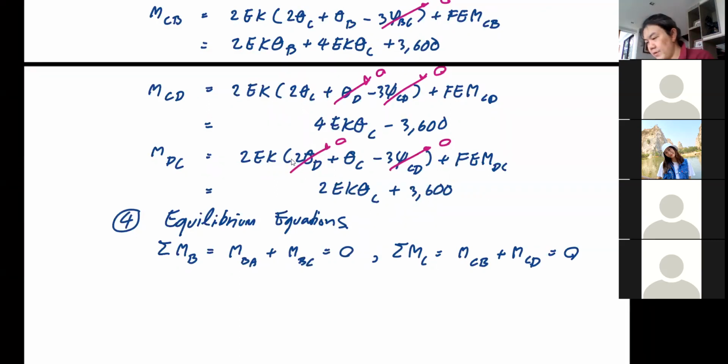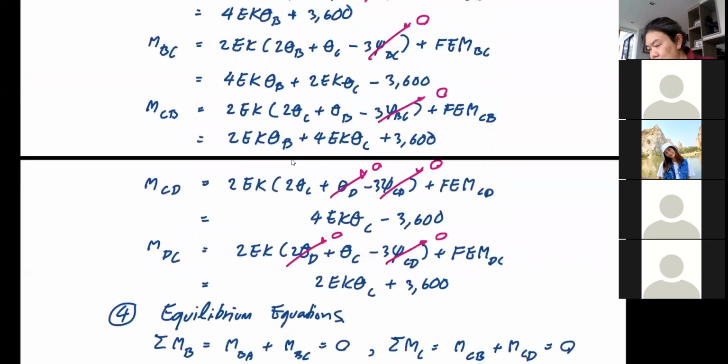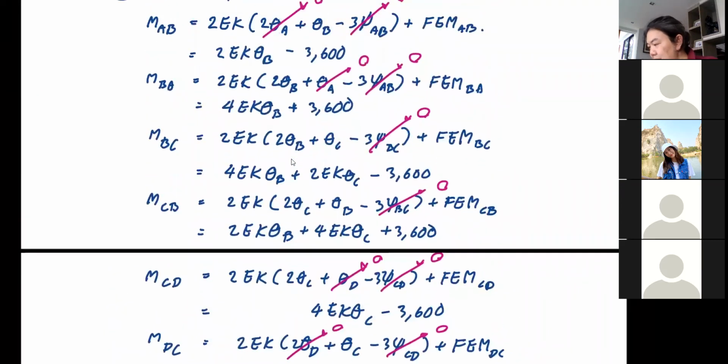So let's do it. Now you see the reason why I try to write my slope deflection equations that way. When we establish MBA plus MBC equal to 0, I just add these two equations together. So now I have 4 and 2 here, and you see that one is out the window.